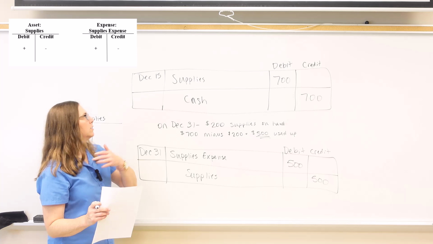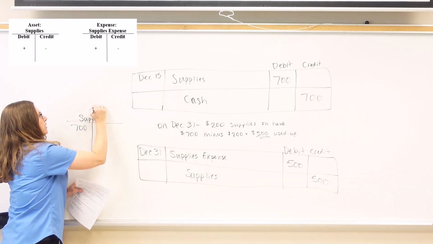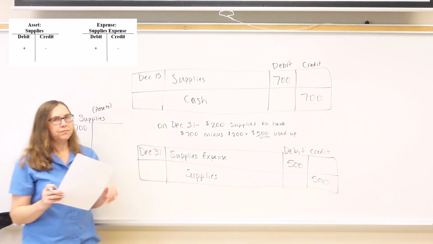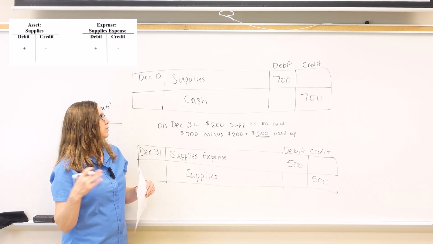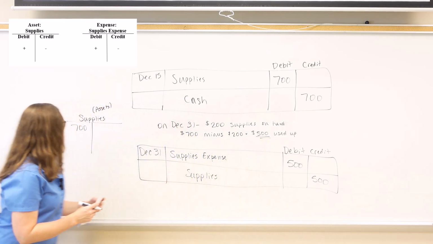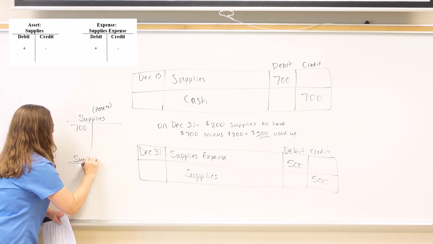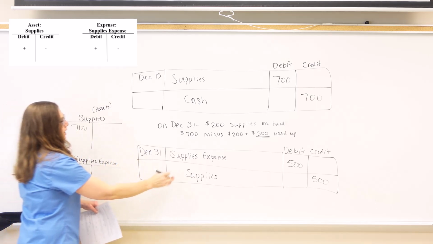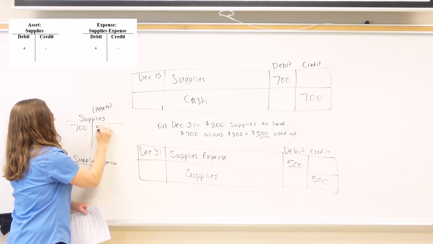Because remember, an asset account, which would be supplies, I'm going to write that up here. Supplies is an asset account. An asset account is a resource. Well, 500 of those supplies are no longer a resource if they were used up, so we moved those to supplies expense. So we've got a debit to supplies expense here and a credit to supplies.